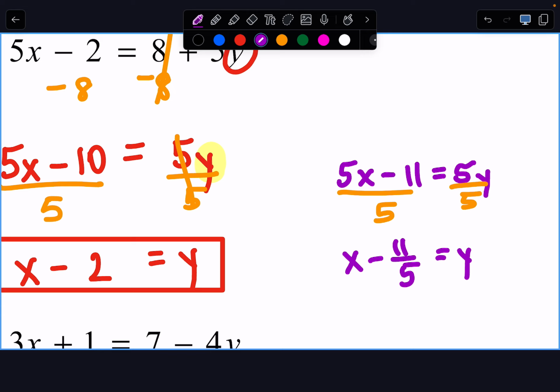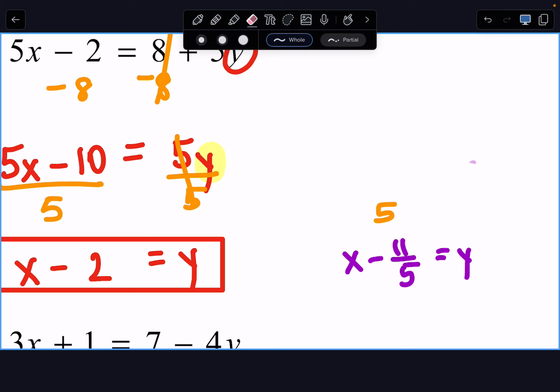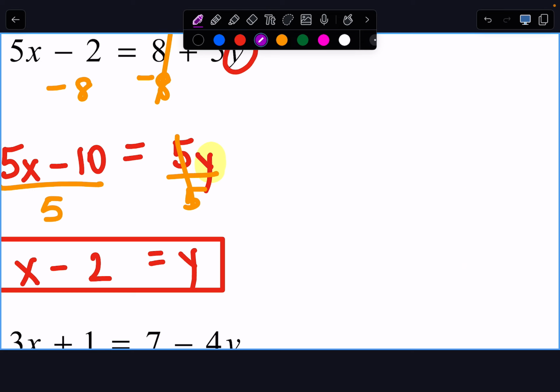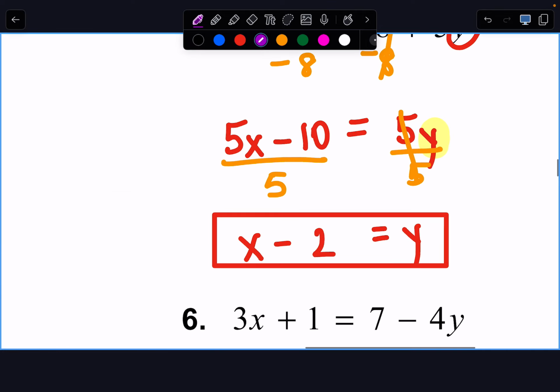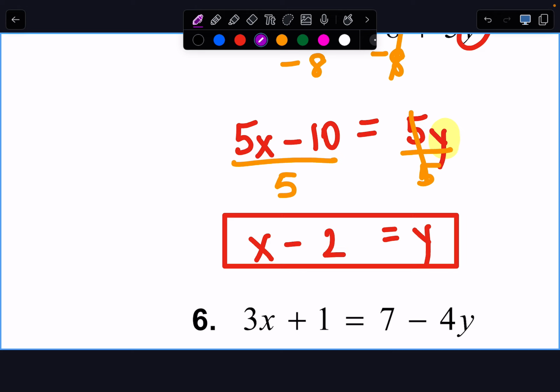And you only do that for literal equations, right? For formulas? Since we have multiple variables, we're going to see that happen. But you won't with just one variable. Right, we'll have a number.